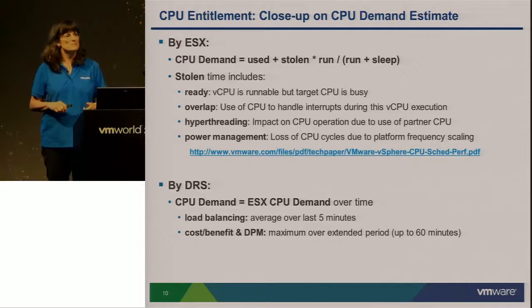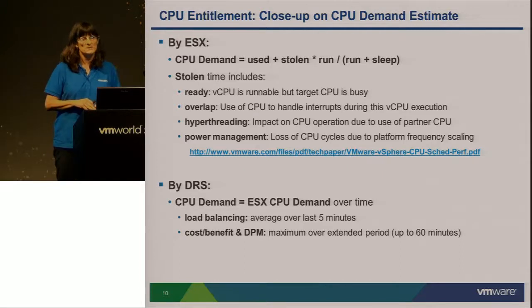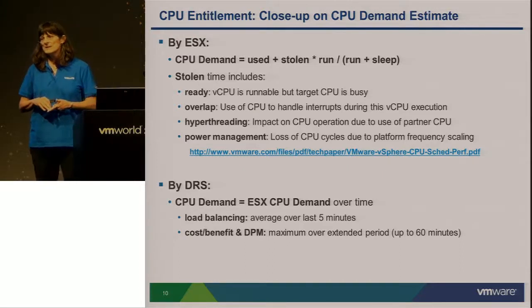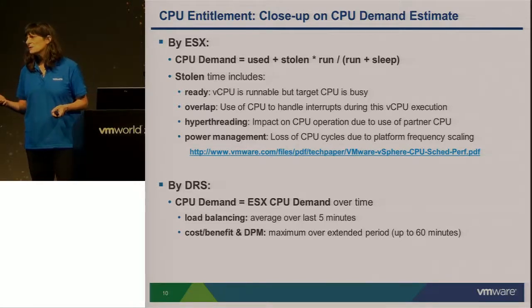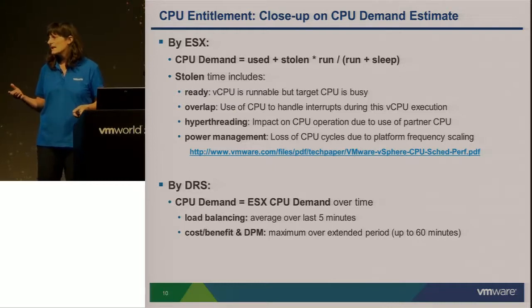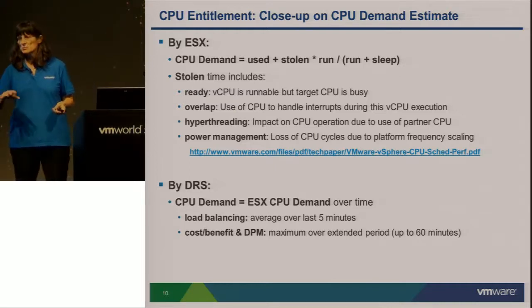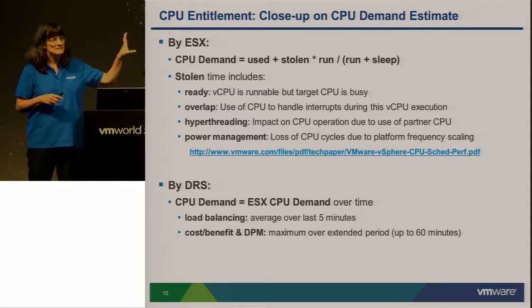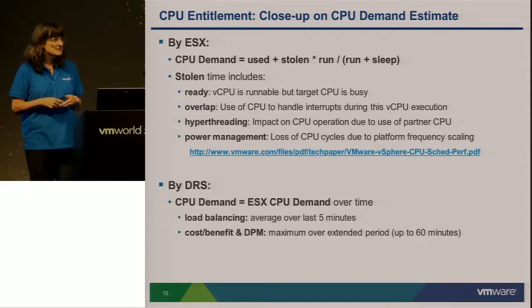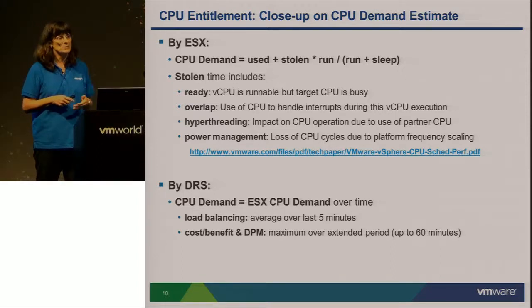DRS takes this demand metric that ESX produces and computes a derived metric over time. The reason for this is that DRS runs at a much coarser granularity than ESX, and it needs a much coarser and more long-term estimate of the CPU's demand. Basically, for load balancing, DRS looks at the last 5 minutes of demand as reported by ESX and takes the average of that.